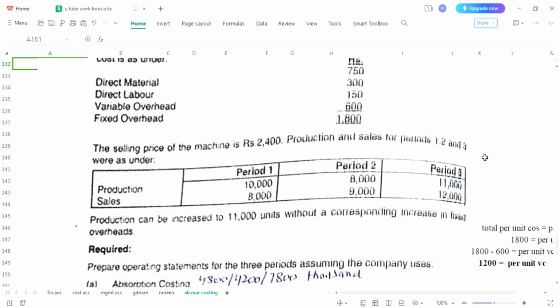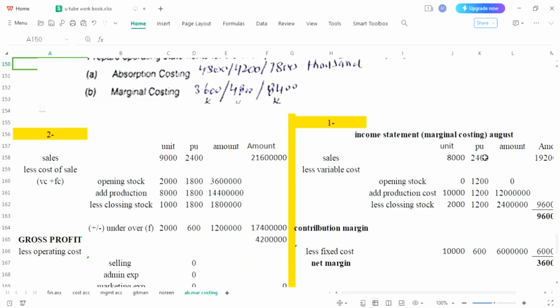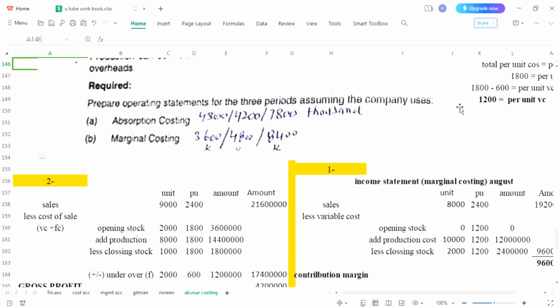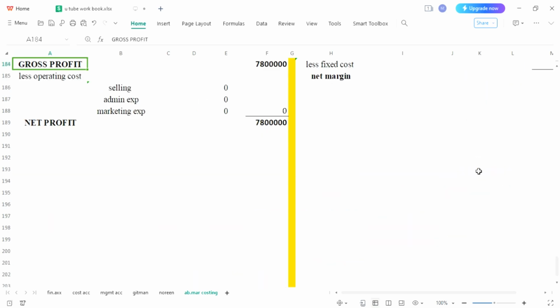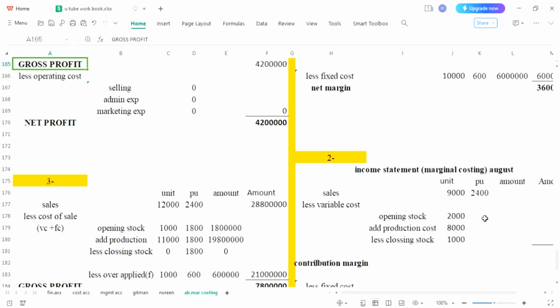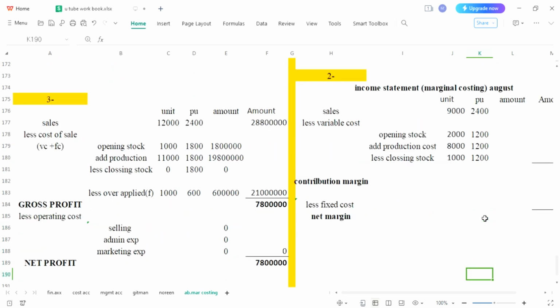So here you have calculated your variable cost as well, 1200, and same will be used over here. 1200 variable cost for opening stock, and happily we will use this 1200 for production and closing stock as well. Fixed cost will remain fixed and same.